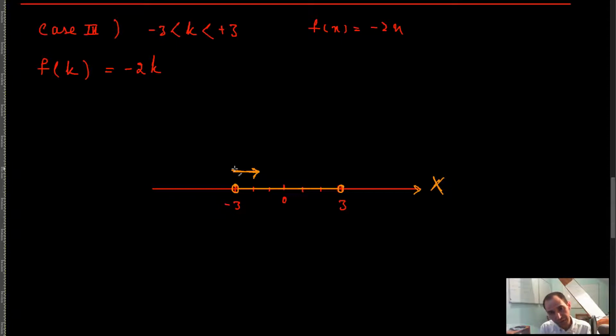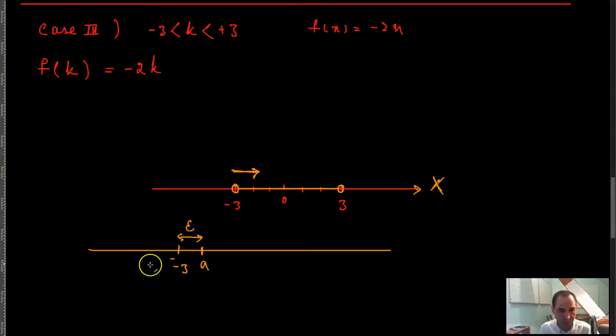And if I get closer to -3, again I can do the same. Suppose that this is -3, and I choose some number over here, call it a, and the distance between these two numbers is an epsilon.